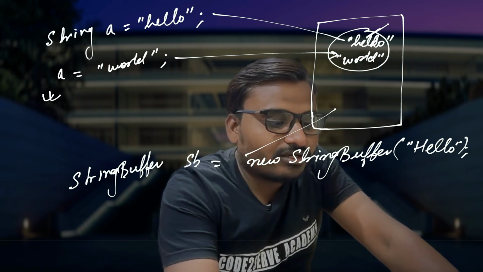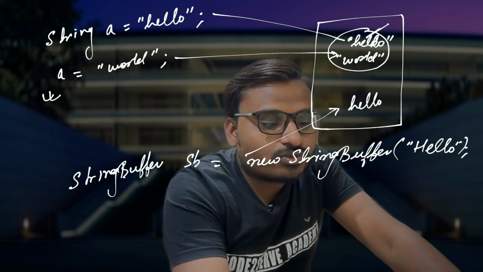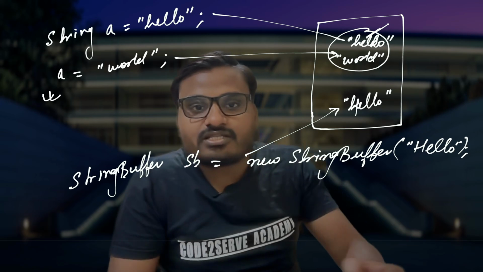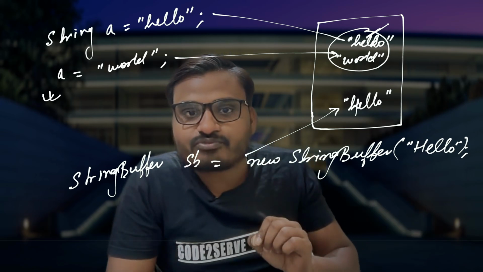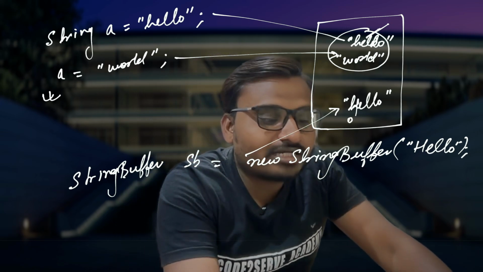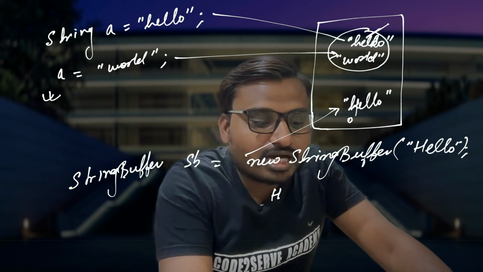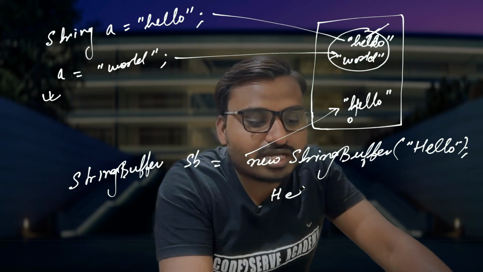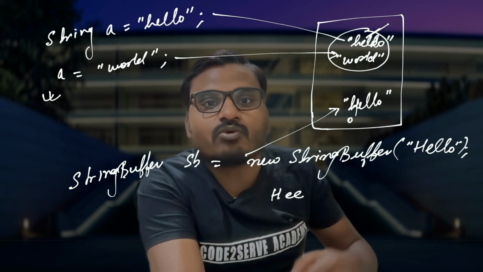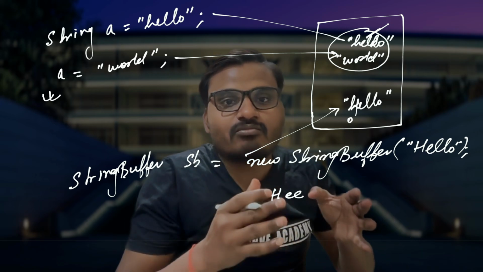It is pointing here, and suppose hello is stored here, the capital H. Now suppose I want to change the value at the index 0 and change H to E, or I want to add one more character, suppose I want to add another E. Previously it was a single E and now I want to add one more E. That means it is possible inside the same memory location.